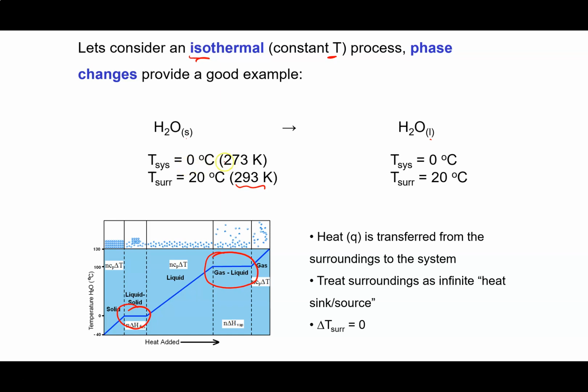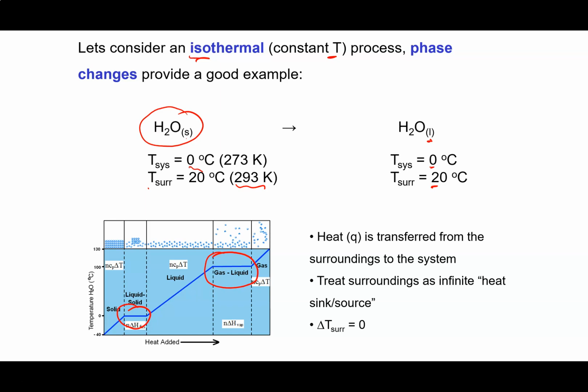The ice, of course, when it's melting, is at the melting point of ice, which is 0 degrees Celsius or 273 K. So we're going to take an ice cube at a temperature of 273 K and place it in a room that is at 20 degrees Celsius or 293 K. Melting will occur, generating liquid water at a temperature of 0 degrees Celsius, in surroundings that are at 20 degrees Celsius.